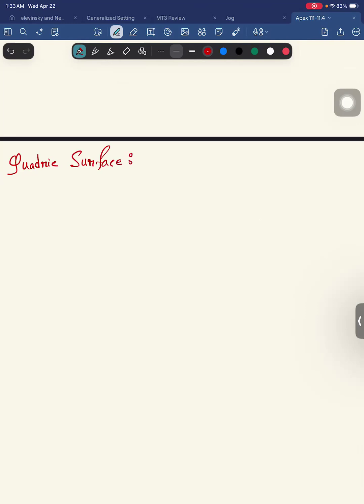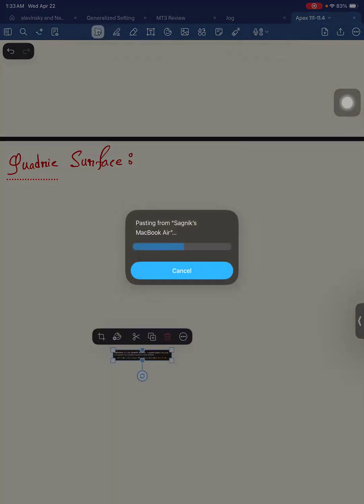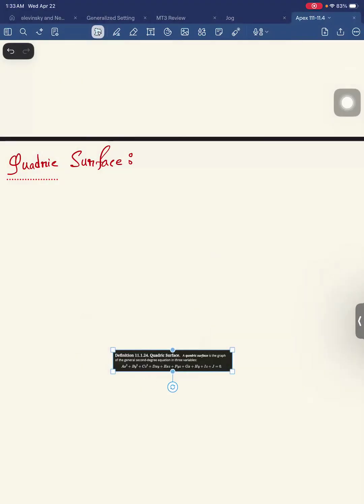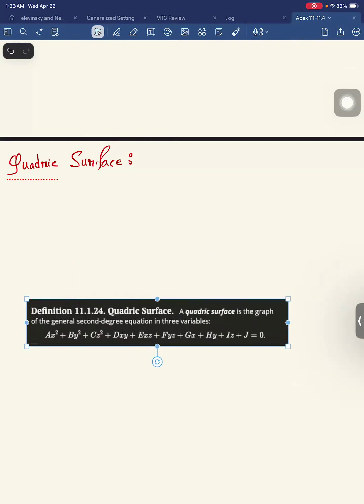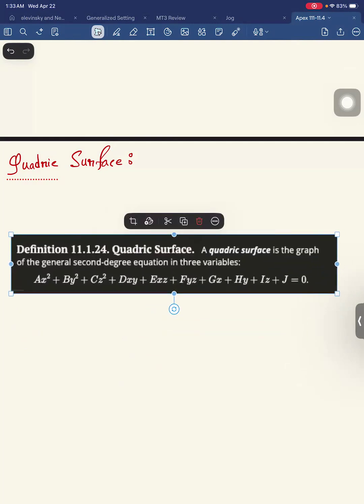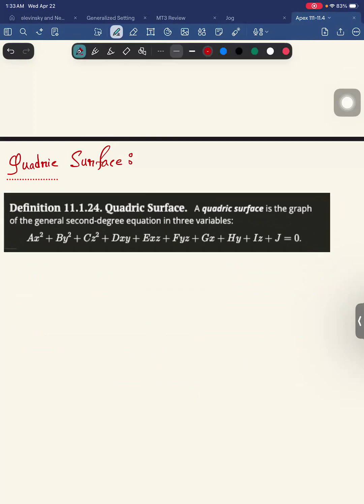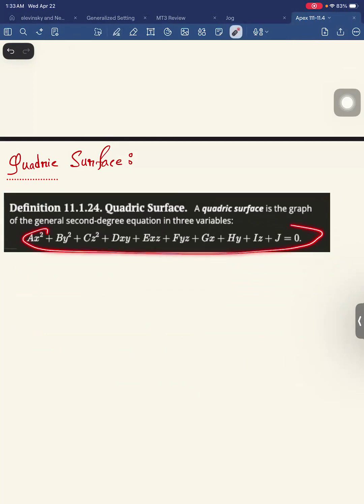It's the surface depicted by a general degree 2 polynomial in variables x, y, z, which I am going to show you right now. Homogeneous polynomial. Actually, not homogeneous, we don't need homogeneous. This expression that you are seeing is the general expression of a degree 2 polynomial in the variables x, y, z.